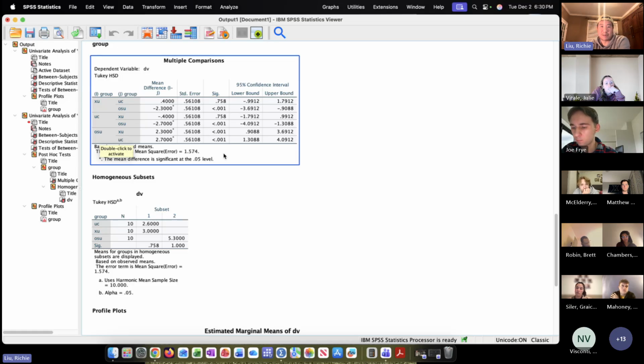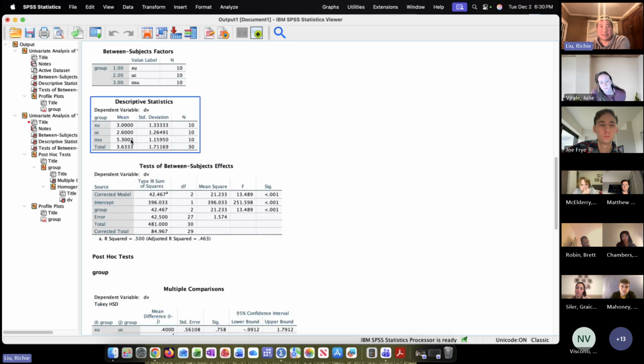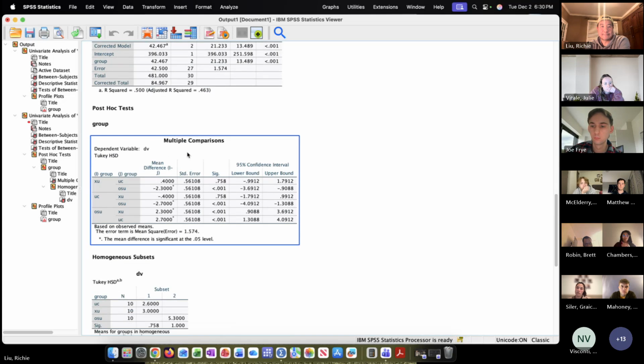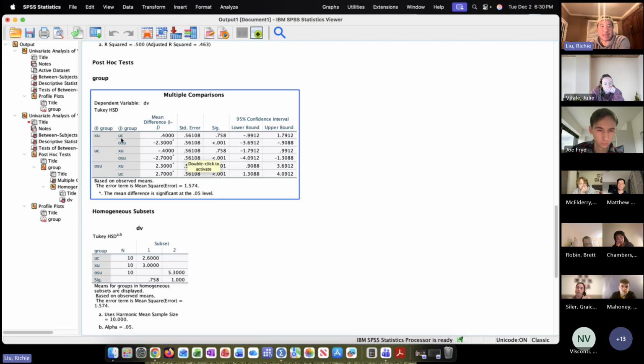And as we expected, we definitely have results that suggest what we saw in the plot, that OSU, again, look at the means, 5.3 is statistically greater than the 3 of Xavier and greater than the 2.6 of UC. Okay. And then we can also look at XU and UC. We kind of expected that to not be significantly different, and that is correct. It's over that 0.05. Okay.